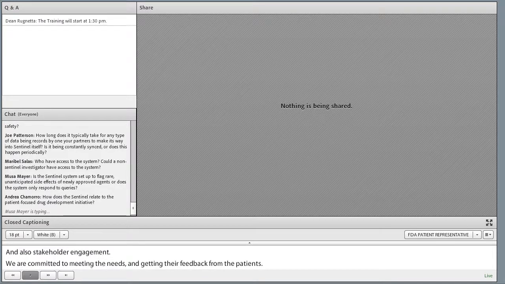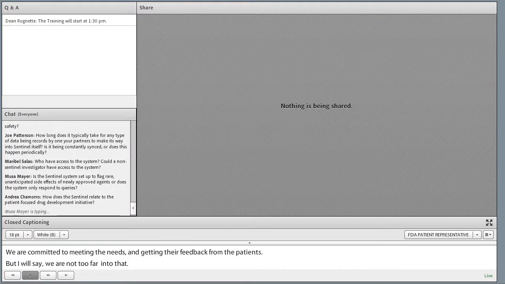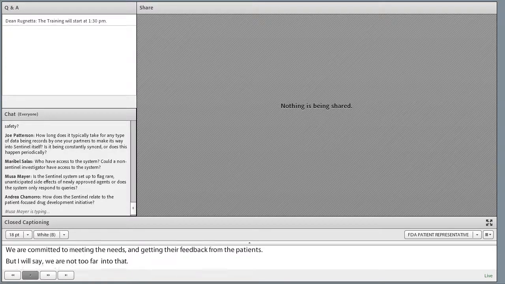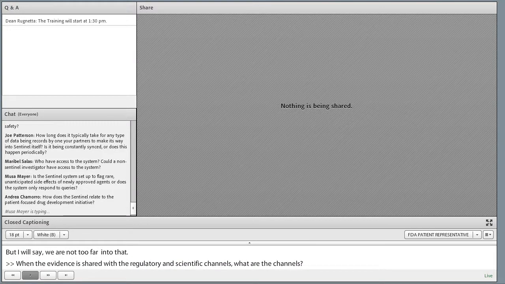Oh, okay. This will be the final question. When the evidence is shared with regulatory and scientific channels, what are those channels? When the evidence is shared within regulatory and scientific channels, there's a number of different modes of communication that we use.